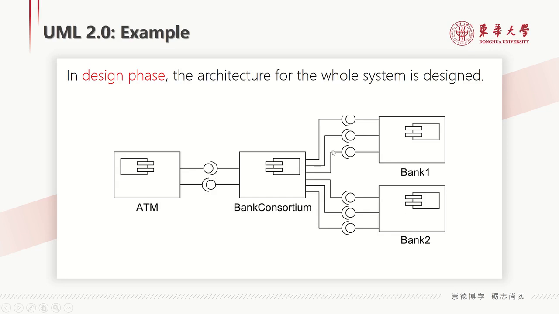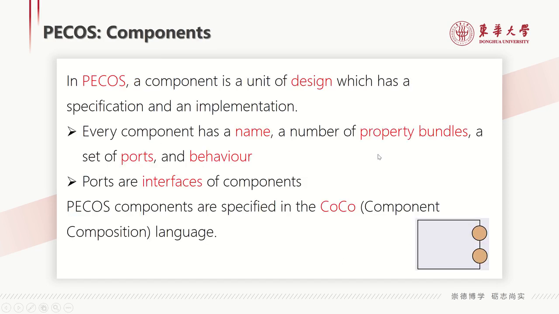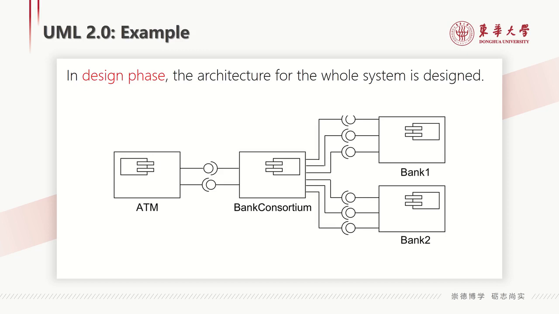So in design time, the architecture for the whole system is designed, which means the output of the design phase should be like this. Then, based on that, we use a language, C#, Java, Python, whatever, to realize this picture. We don't give the code for this one because you can use any programming language to realize UML.